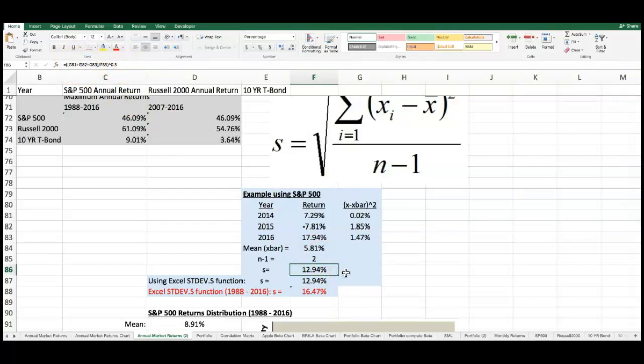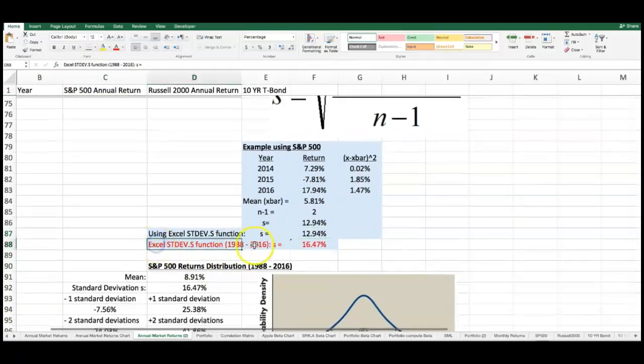And if we use the Excel stdev.s function to calculate standard deviation, it is quite a bit less work. Using the Excel standard deviation formula to calculate the standard deviation over this entire period from 1988 to 2016, we saw that the standard deviation of the S&P 500 is 16.47%.